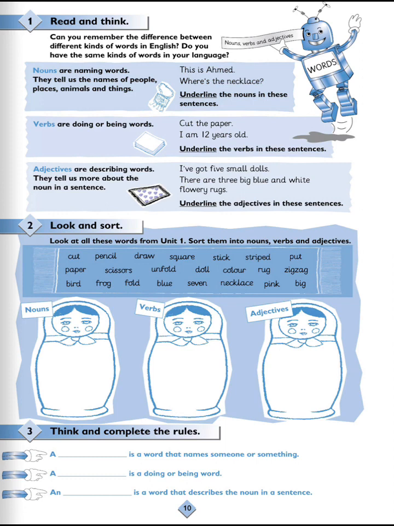Exercise number 2. Look and sort. Look at these words from Unit 1. Sort them into nouns, verbs, and adjectives. Let's see the answers. For nouns, we have pencil, paper, scissors, doll, rug, bird, frog, necklace.